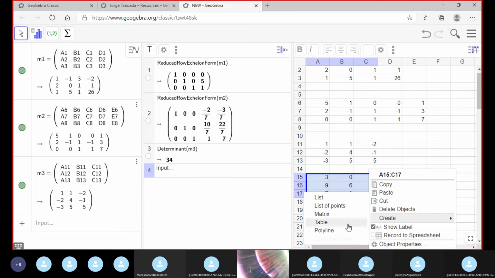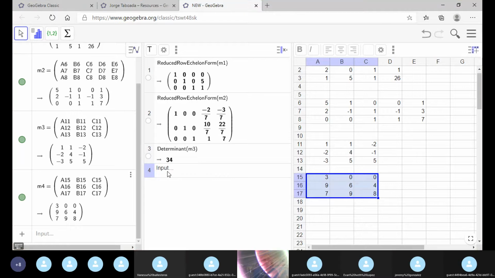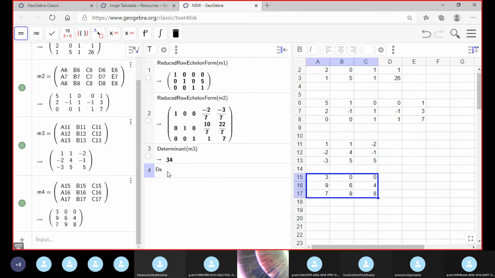Create matrix. M4. Now in the cast, you put determinant. Determinant, I spelled it wrong. Determinant M4. Boom. And the answer is 36, like option B again.